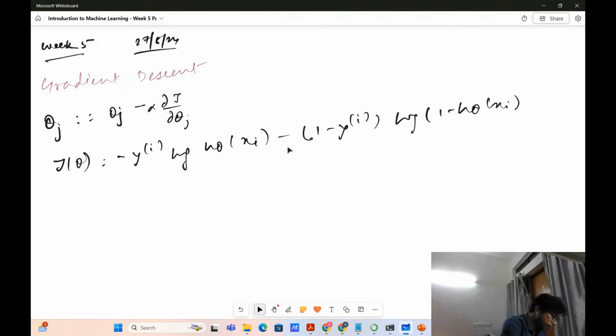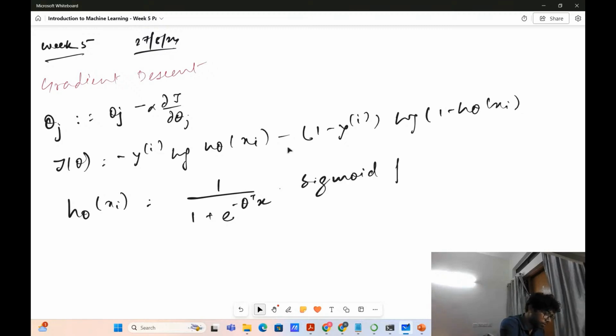And what is your h theta? H theta xi is 1 divided by 1 plus e to the power of minus theta transpose x, right? That is the sigmoid function that we saw.